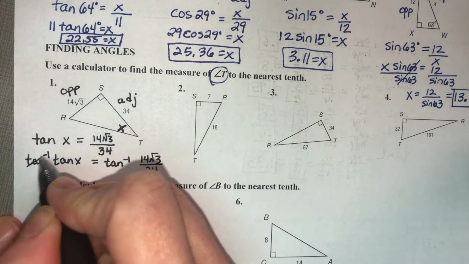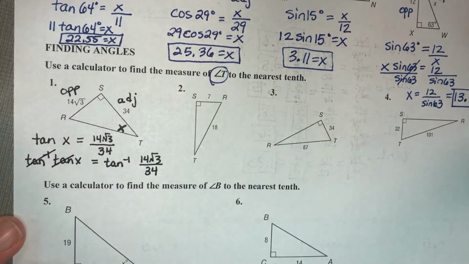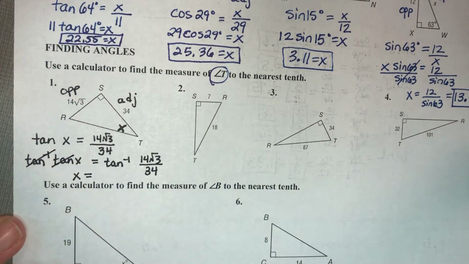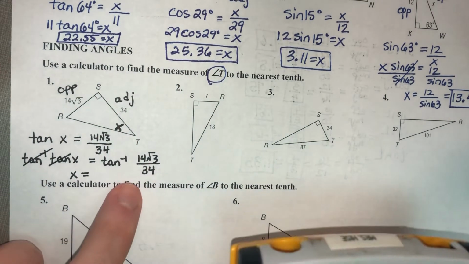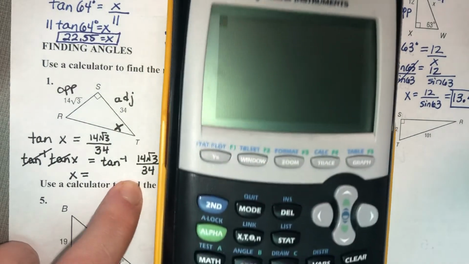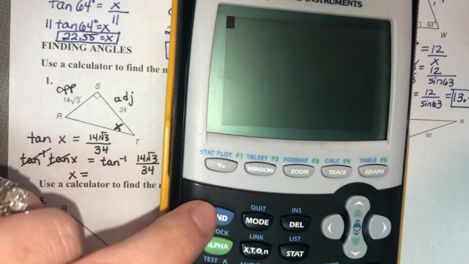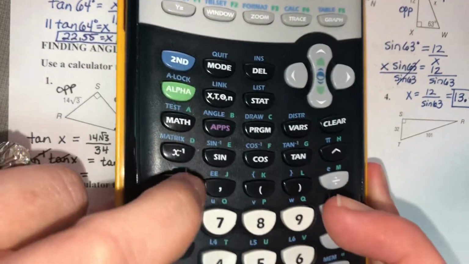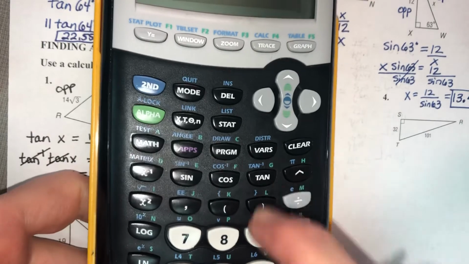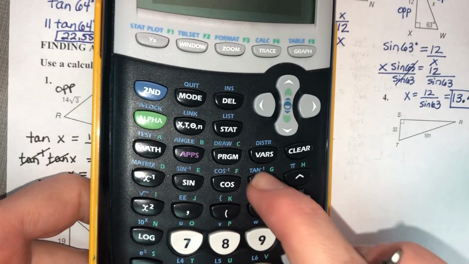So this inverse tangent and this tangent will cancel each other out, and we'll find our angle by doing the inverse tangent of this fraction. So in my calculator, I'm going to go inverse tangent. You have to hit the second button, and then you press the tangent button, because just above the tangent button, it says tangent with a -1.